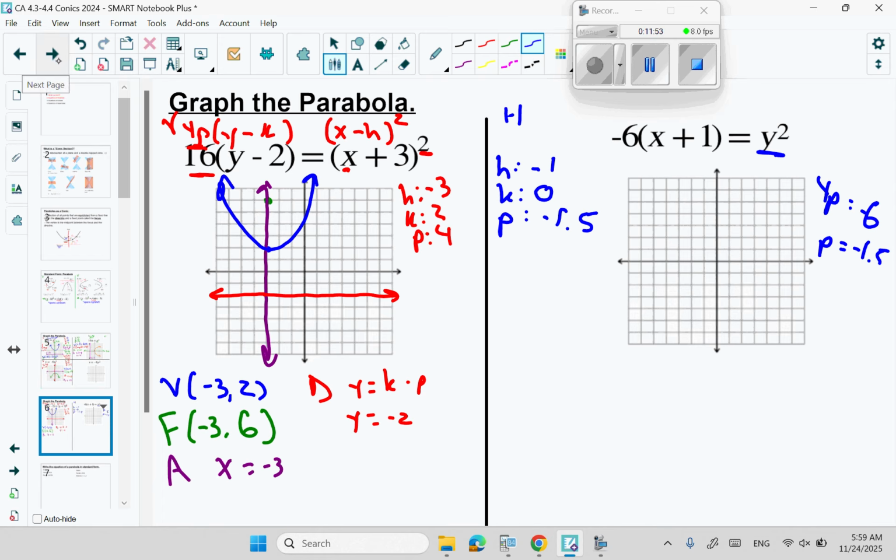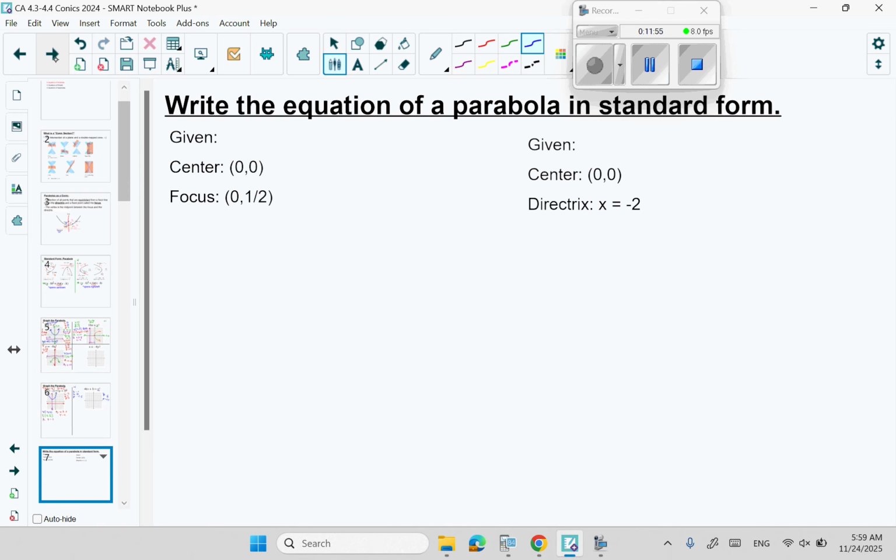Let's try something different, though. Writing the equation of a parabola in standard form. So again, the first thing I should still do is identify whether it's vertical or horizontal. Well, I'm given the center, so I know that this is h and k, and I should notice that for my focus, my h stayed the same.